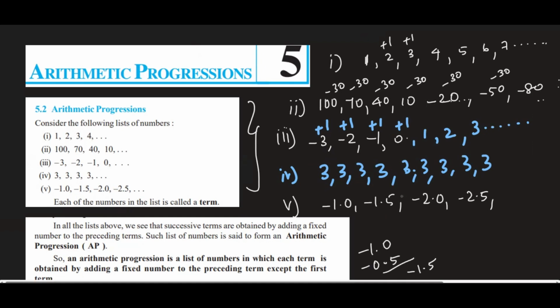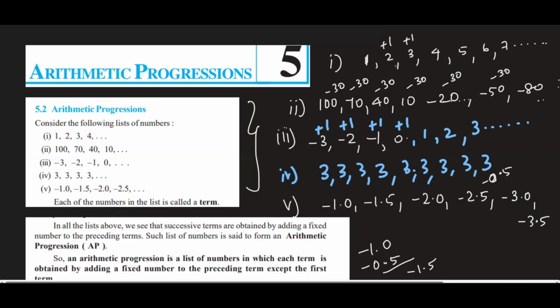Again, minus 1.5 minus 0.5 will give me minus 2. Again, minus 2 minus 0.5 is minus 2.5. Again, I will do minus 0.5, which gives minus 3.0. The next one will be minus 3.5 and so on.